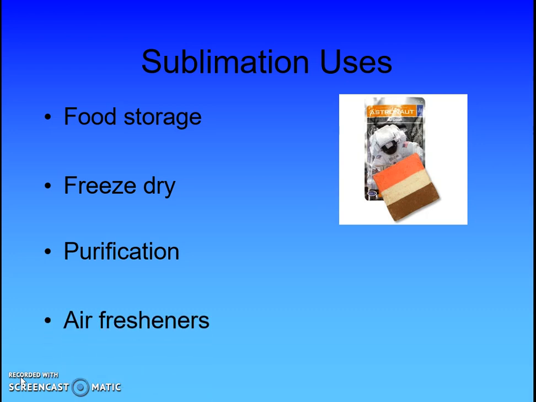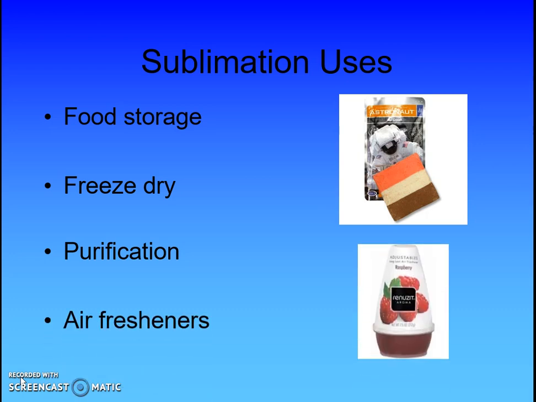And lastly, with air fresheners, very commonly you see with this kind of air freshener here, when you unscrew the top, allowing air to get at it, it will sublimate, and over time it'll release those fragrances, reducing odors, and you also see it kind of wane away over time, and eventually nothing is left.